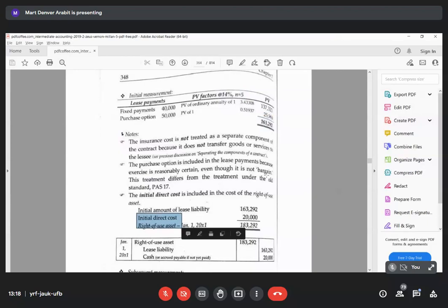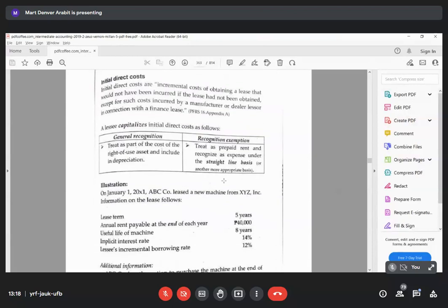Okay. So notes. The insurance cost is not treated as a separate component of the contract because it does not transfer goods or services to the lessee. So hindi part yung insurance. So hindi natin kailangan idagdag yun. The purchase option is included in the lease payment because exercise is reasonably certain as mentioned naman dito.